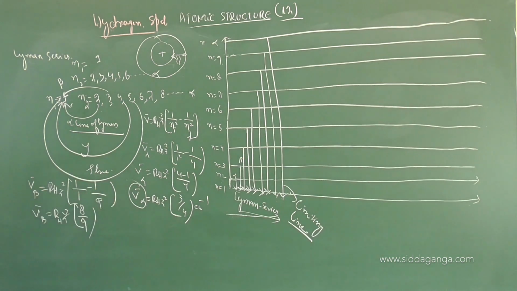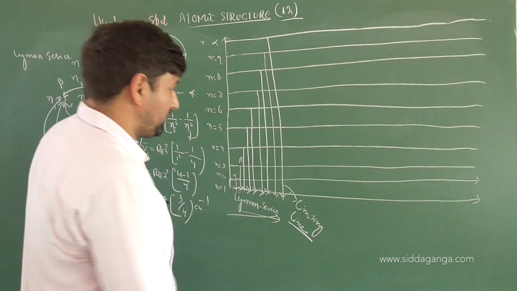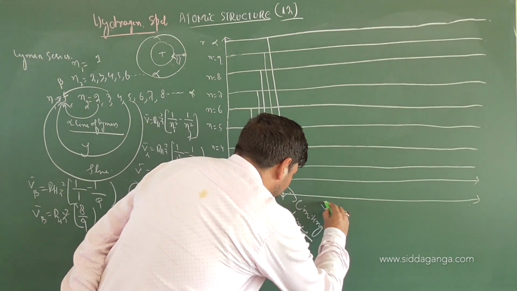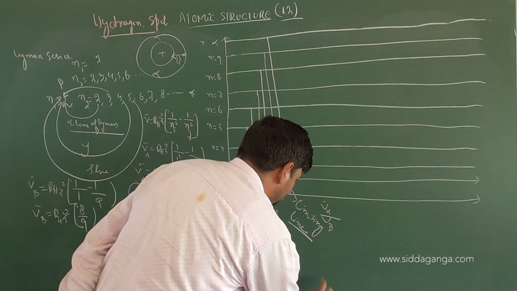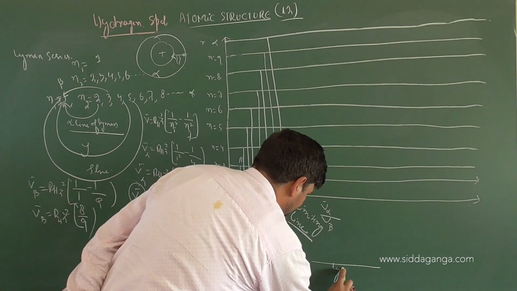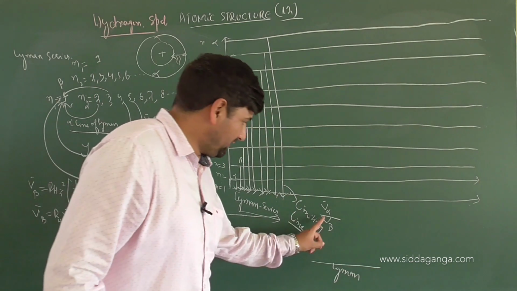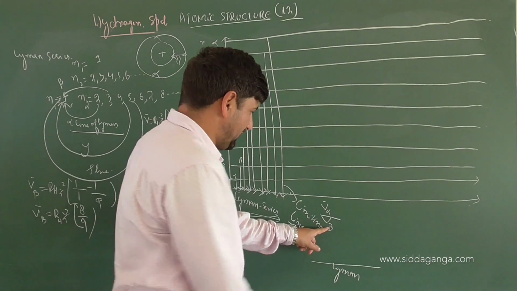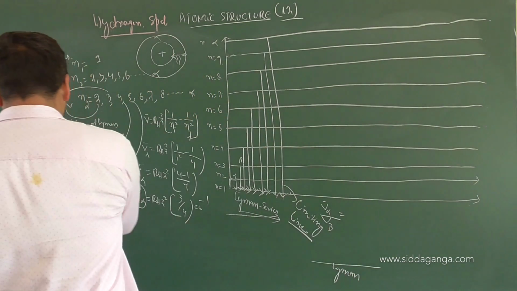Now what's the ratio of the two? Tell me the ratio of the two. Faster. The ratio of the two will be wave number of alpha line by wave number of beta line, for Lyman series. RH Z square will be off.